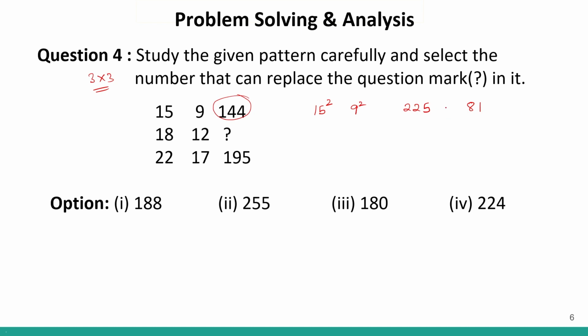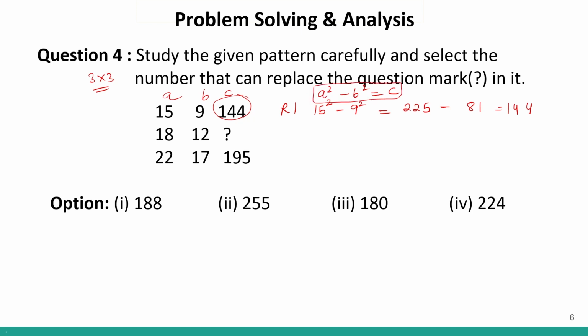So if I subtract 9 square from 15 square, I'll get 225 minus 81, which is 144. This is row 1. Correct? So if this is A, this is B, and this is C, I am doing A square minus B square is giving me C.